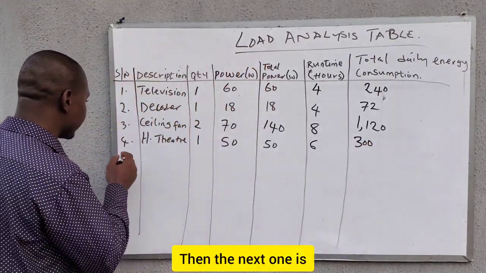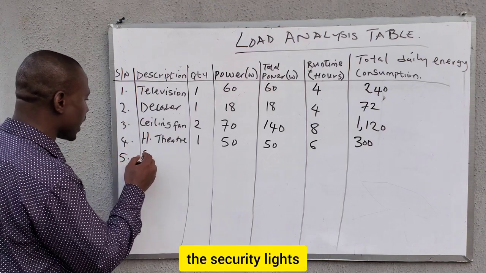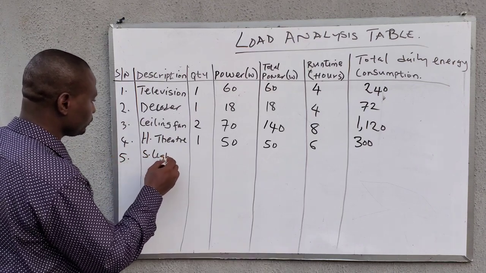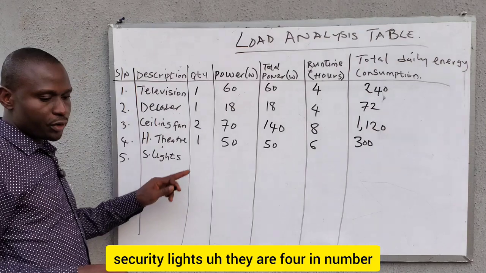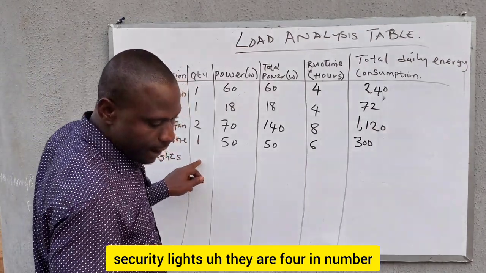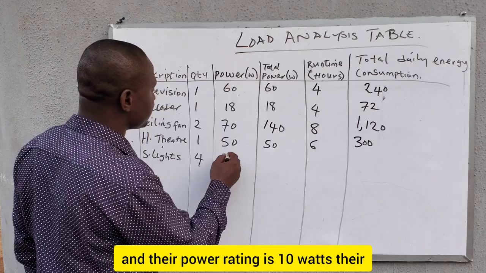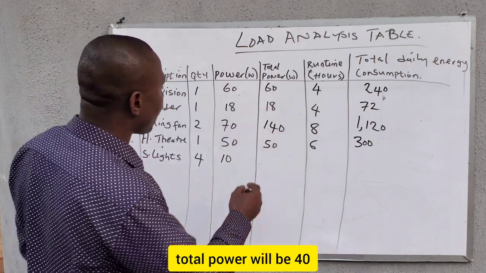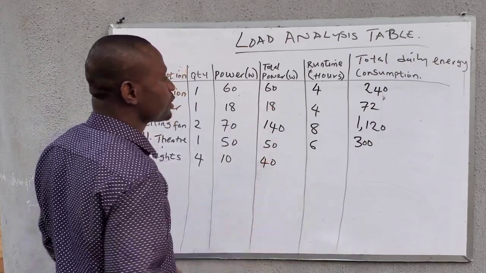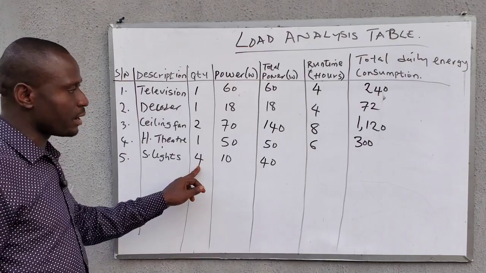Then the next one is the security lights. Security lights, they are 4 in number, and their power rating is 10 watts. Their total power will be 40 watts. That is 10 times 4.